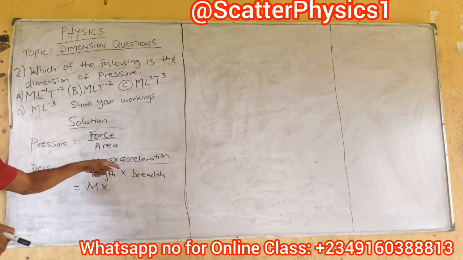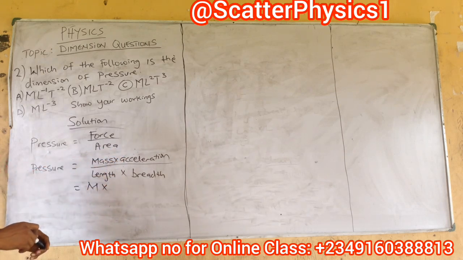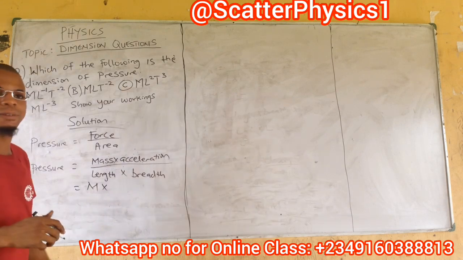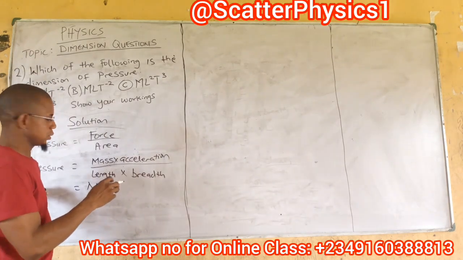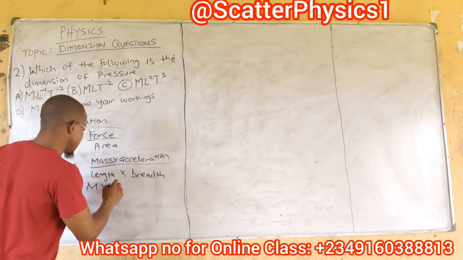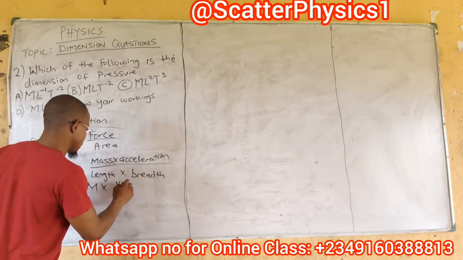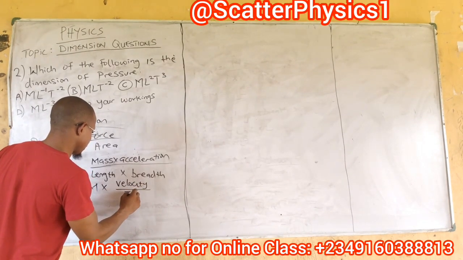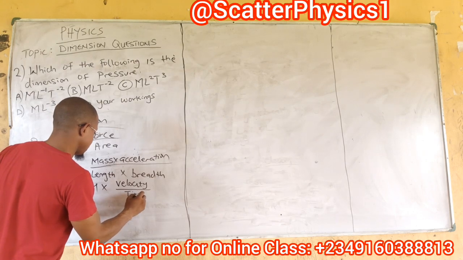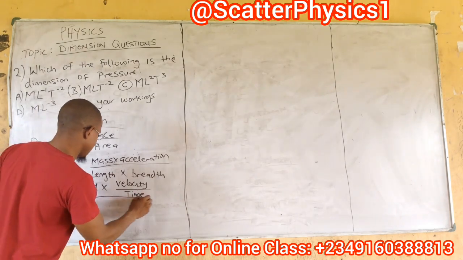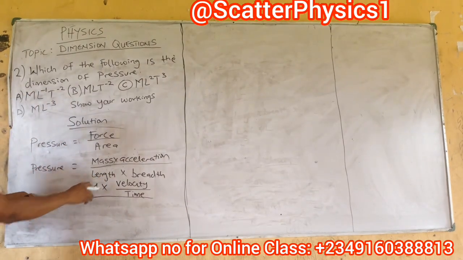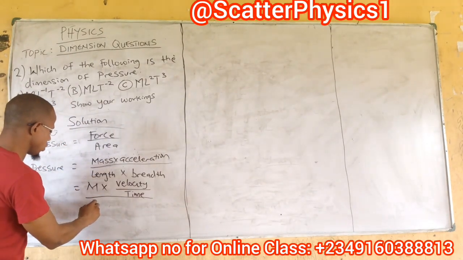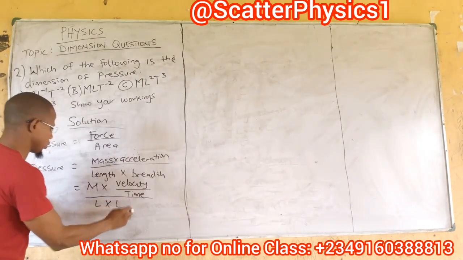This acceleration is another formula on its own. And what is the formula for acceleration? That's velocity over time. All over, this is going to give us length, that's L times L.